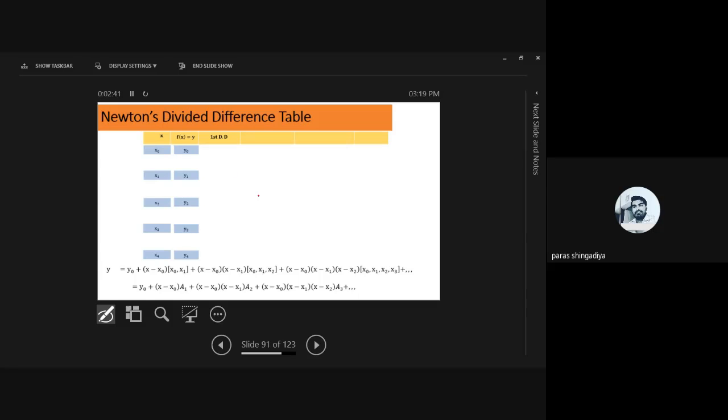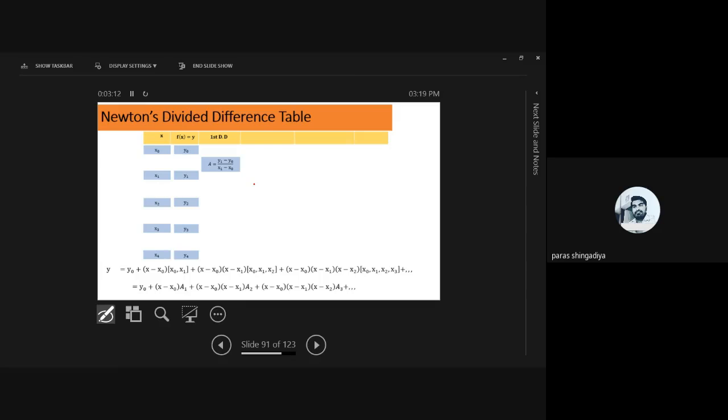But now in this table, we'll also consider the difference of values of x in the denominator. So the first order difference is called the first divided difference. How can we predict the first divided difference? It is equal to y1 minus y0 upon x1 minus x0, for the two consecutive terms y0 and y1. So the difference of these terms is y1 minus y0, and now in this Newton divided difference concept, we'll consider the difference of x in the denominator.